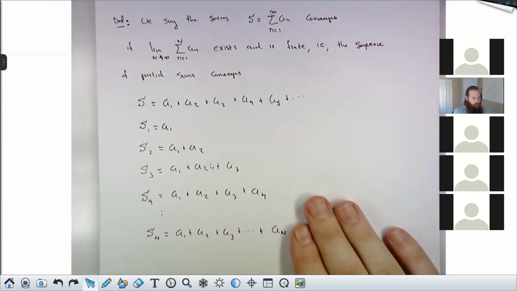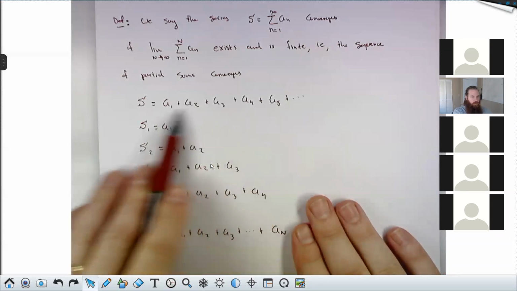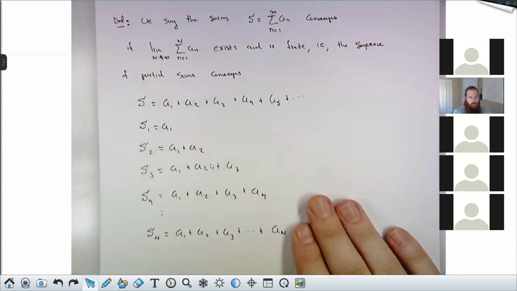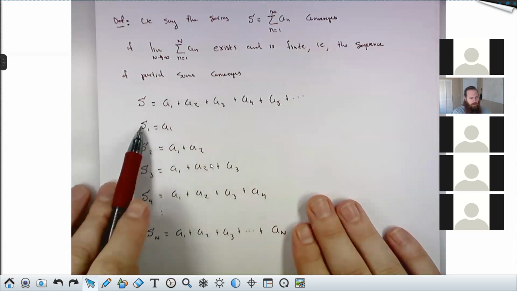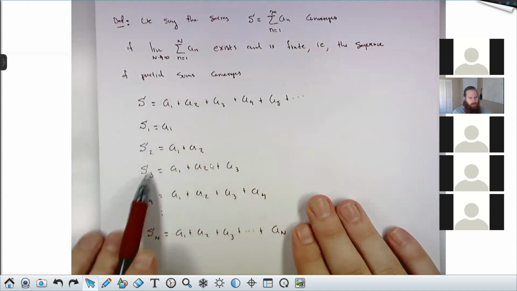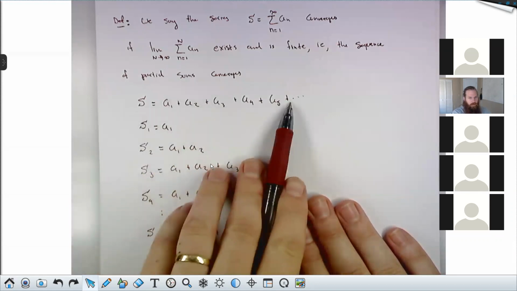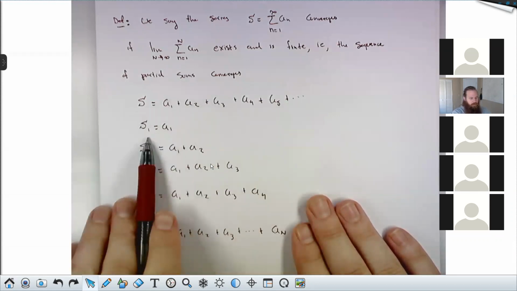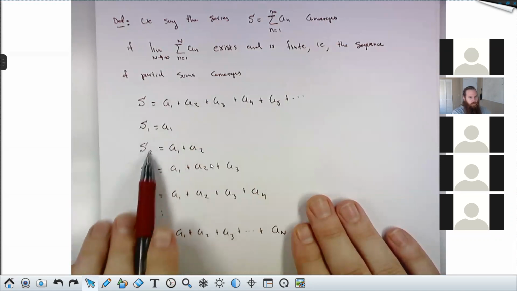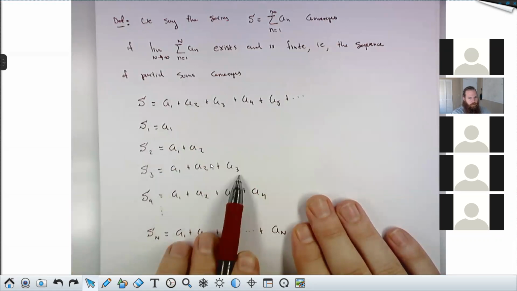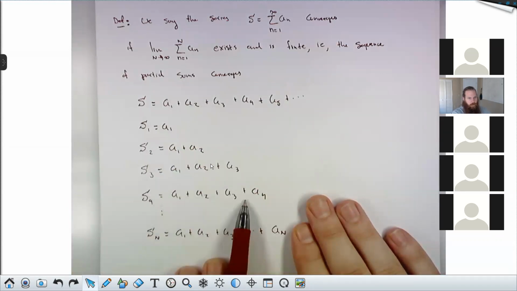So let's think about it. If this whole infinite series that goes on and on and on forever can be made sense of, I should think of it as the limit of these things. This is the series of length infinity. This is the series of length 1. This is the series of length 2. This is the series of length 3. This is the series of length 4.